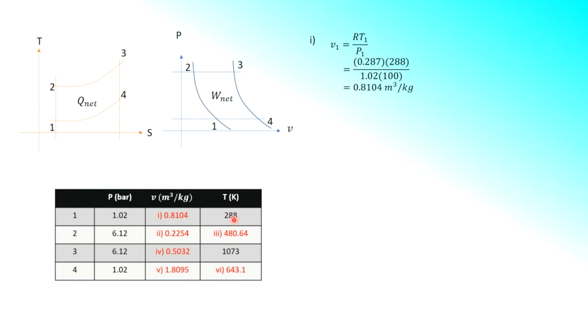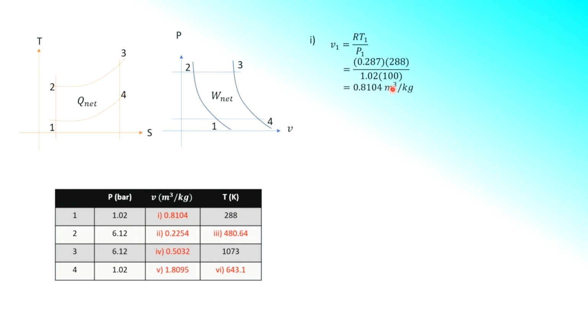Your temperature is 288, and your pressure is 1.02 bar. Why is it multiplied by 100 here? Because you are converting bar to kilopascal, since 0.287 is in kilo. If you want to change bar to kilopascal, you multiply by 10 to the power of 2, that means 100. So you get a volume of 0.8104.